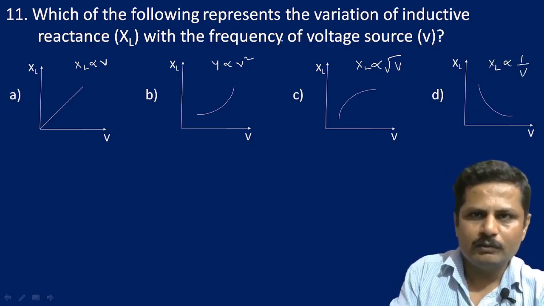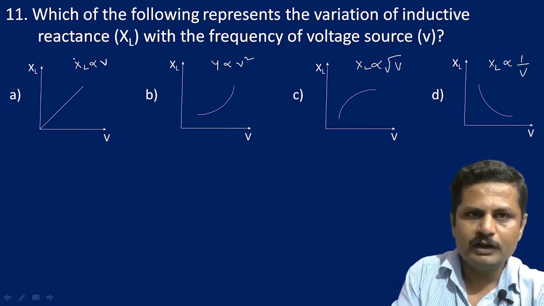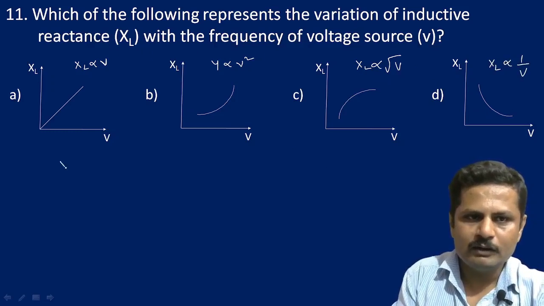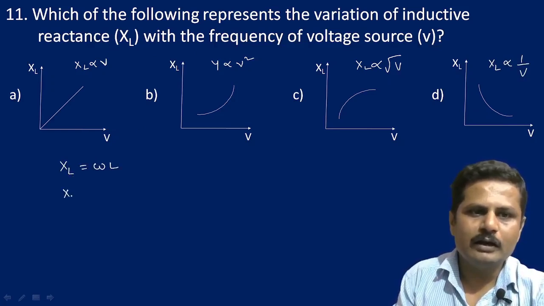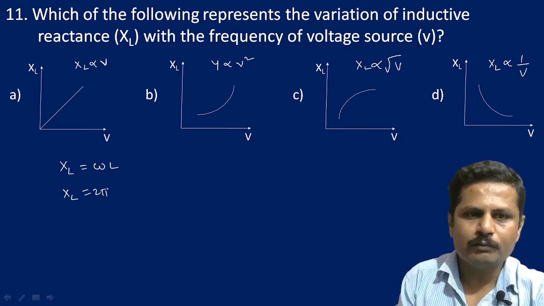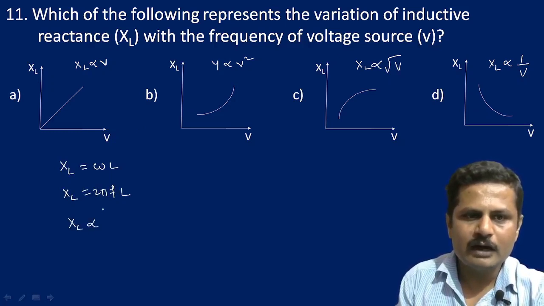But they are asking you to find out the variation of inductive reactance with the frequency. Now let me check the inductive reactance and the frequency relation. The inductive reactance is equal to omega L, as we know that. And then inductive reactance is equal to 2 pi FL, because omega is 2 pi F. So by this we can write XL, that is inductive reactance, is directly proportional to F, as well as directly proportional to its inductance.